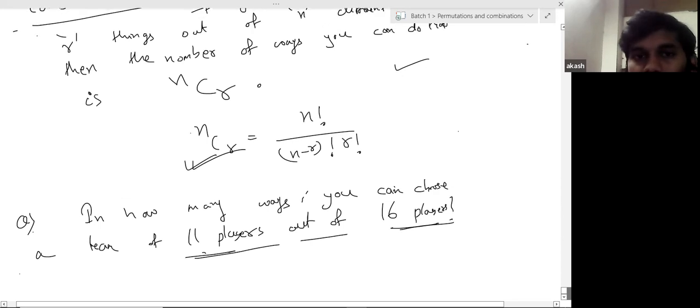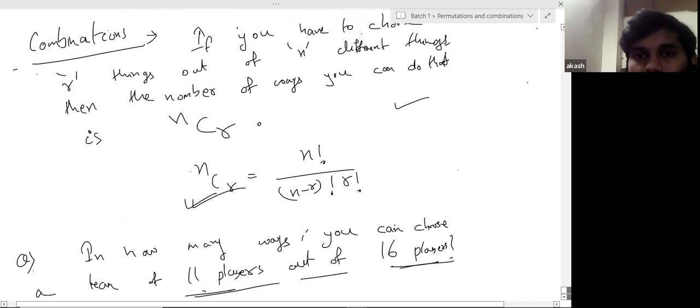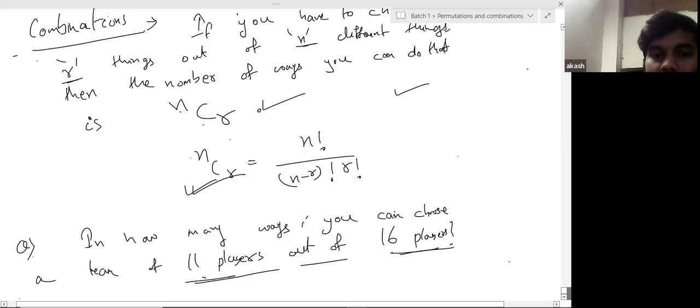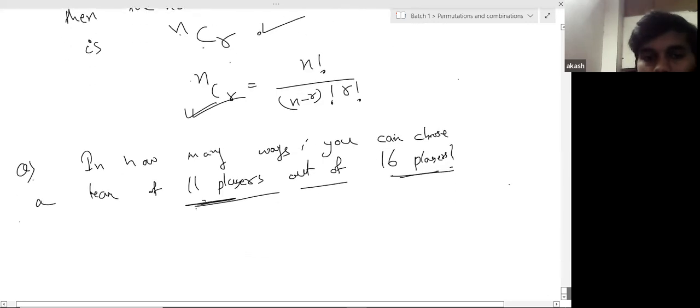And here I told you the definition. If you have to choose r things out of n things, then nCr is the way to go. So you have to choose 11 things out of 16 things. So the answer is 16C11.